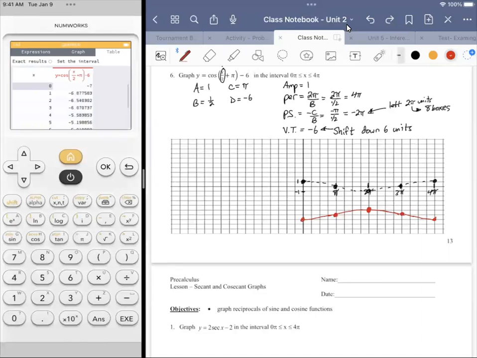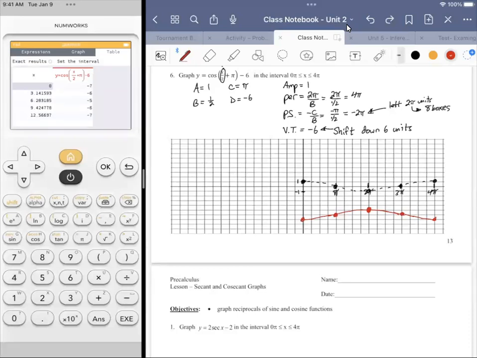What I need are numbers going from 0 to 4 pi in increments of pi. So I'm going to set the interval to go from 0 to 4 pi in pi unit increments, so every tick mark along the graph will be in terms of pi. Problem is, it may not be pretty.